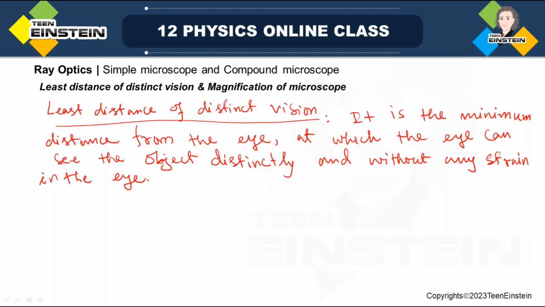Okay, so least distance of distinct vision, or sometimes near point also it is said.